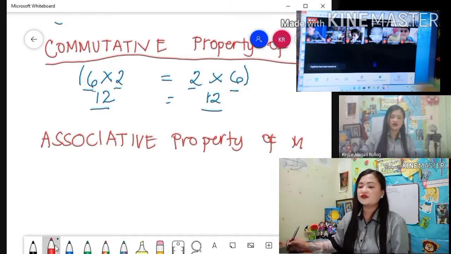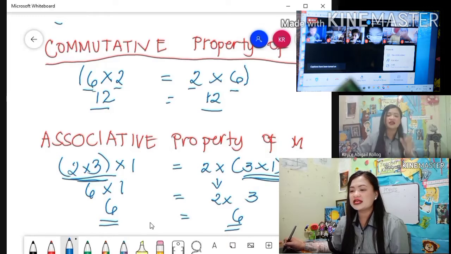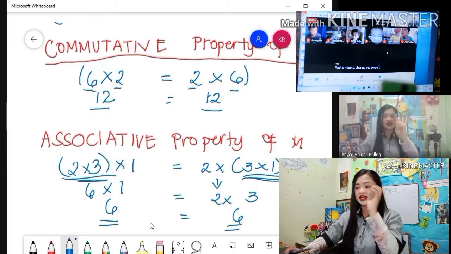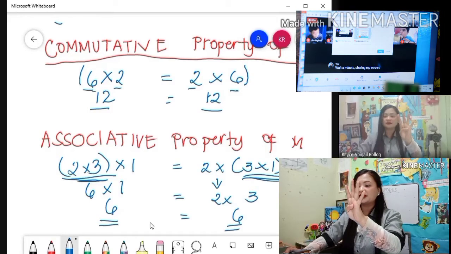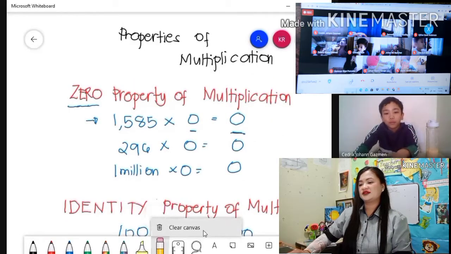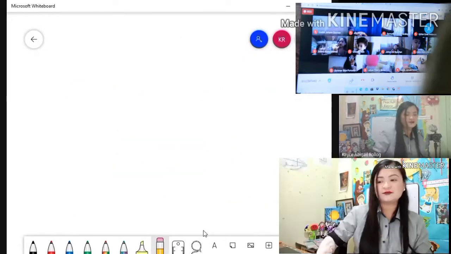Very good. So even if we change the grouping of the factors, the answer is the same. Clear? Okay, can we check? What are the 4 properties of multiplication? Zero, identity, commutative, and associative. Very good. So we have 4 properties of multiplication.